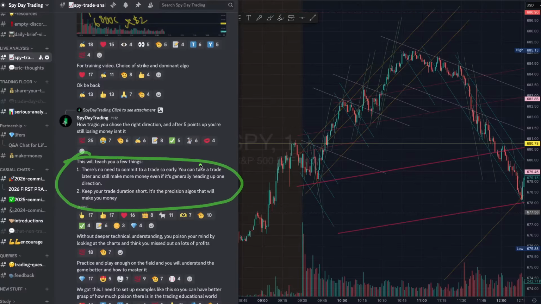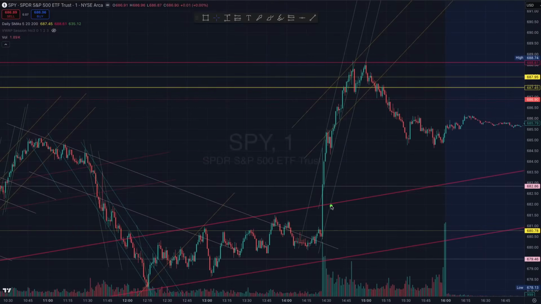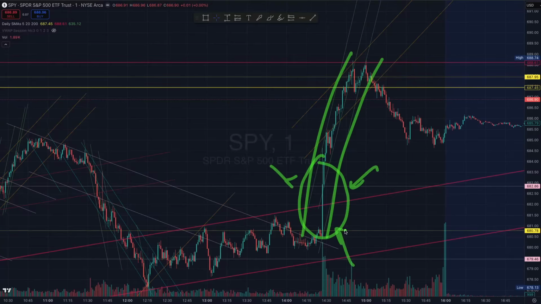Right, you don't have to commit to a trade too early. If you study my trades later, you will see that I took a trade much later too, and it still went 10x. So this particular candle here, right? What happened is, if you are a gambler, you're trying to catch this candle, which most of the time is just luck. This candle is luck if you catch it, right?